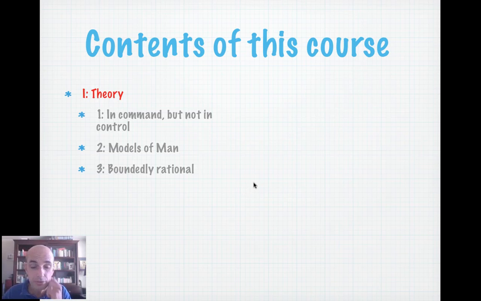Chapter 2, models of man, is all you really need to know about system dynamics before you go and experiment and play with the sims that are made in a simulation language based on system dynamics. Chapter 3 is most of what you need to know about decision making, because you will find out in this course that managerial decision making is far from ideal, and that's just the way it is. There are all sorts of filters around managerial decision making that create problems in practice. You need to be aware of that as well.